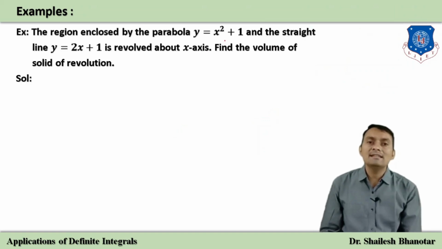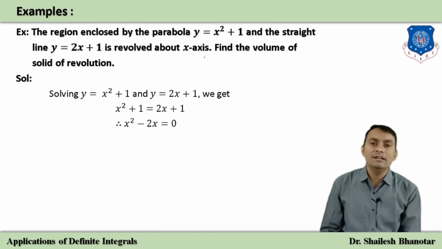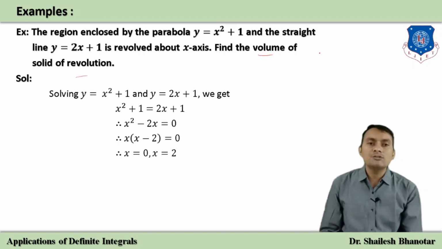Let us understand an example based on that. Y equals x squared plus 1, and the straight line y equals x plus 1, revolved about the x-axis; we need to find the volume of the solid. You can understand the rough figure: y equals x squared plus 1 has height 1, so this is the curve y equals x squared plus 1.